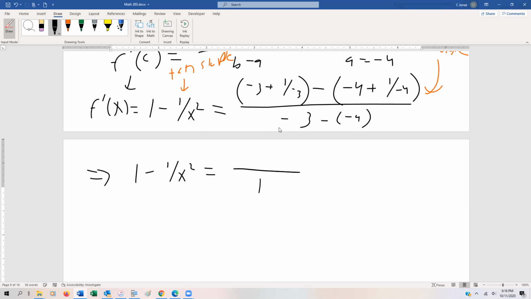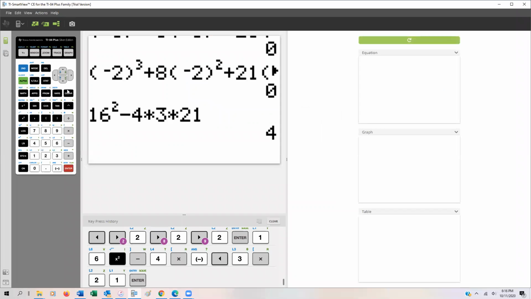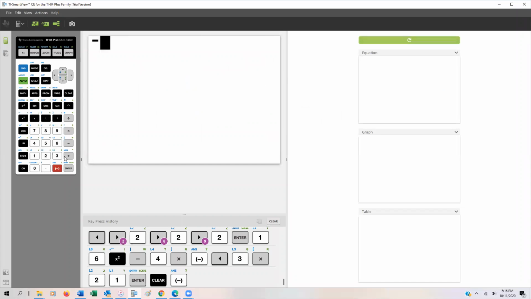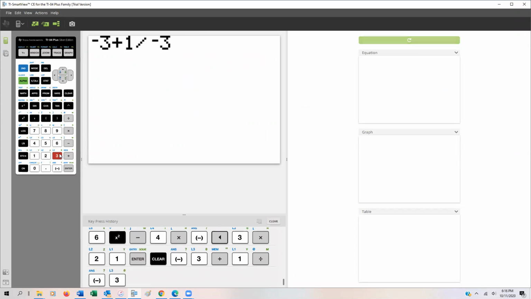All right, the good news is the denominator is just 1, -3 plus 4. In our calculator, we can just take -3 plus 1 over -3, and we're going to subtract -4 plus 1 over -4.